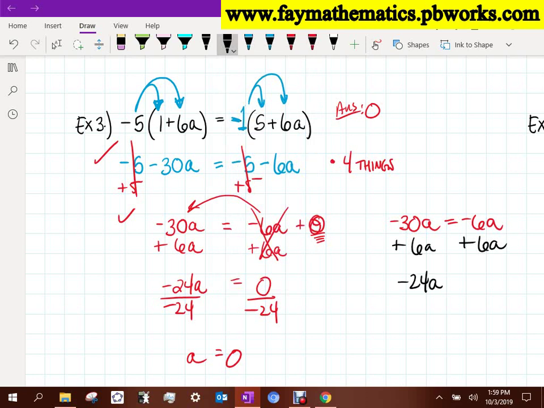Okay, now as I work through these equations and I solve an equation, when you start with an equation, it's got an equal sign in it, right? There is nothing that you can ever do that allows that equal sign to just vanish. Okay, so I see a lot of people say, oh, I added 6a to the right-hand side, it went away. I added 6a to the left-hand side, I get negative 24a, but the right-hand side went away. So I just write negative 24a, and I'm not sure what to do next.